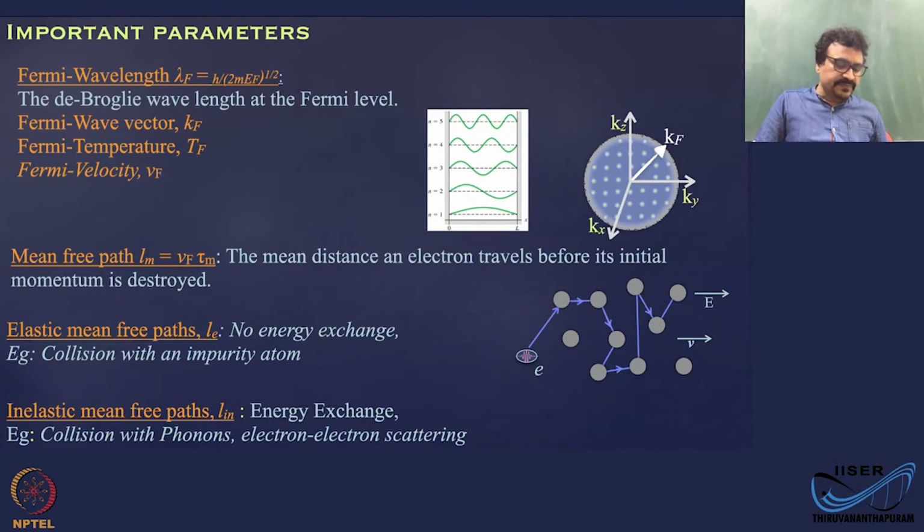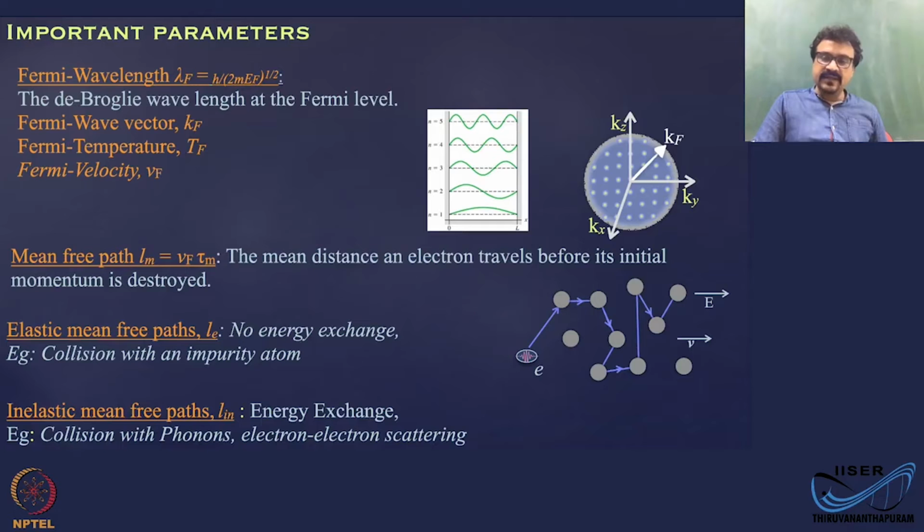All right, now let us start overviewing the important parameters. Probably the most important parameter would be the Fermi wavelength, lambda F. This parameter we already defined in the previous lecture.